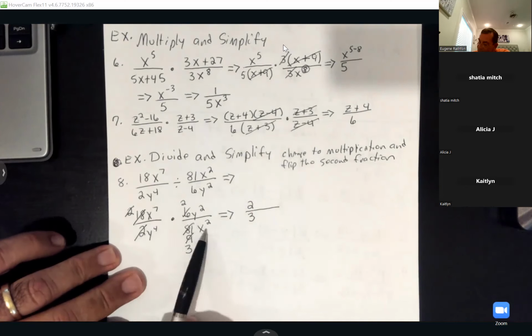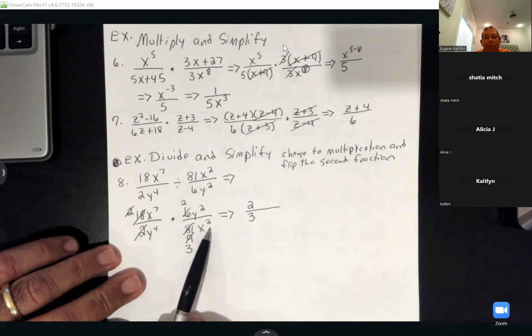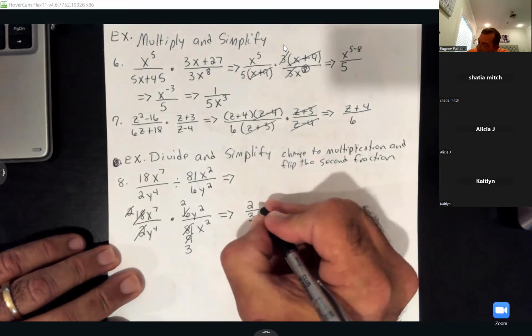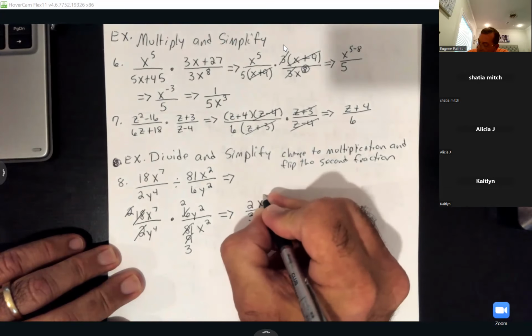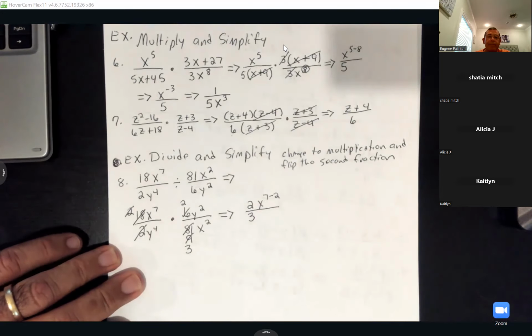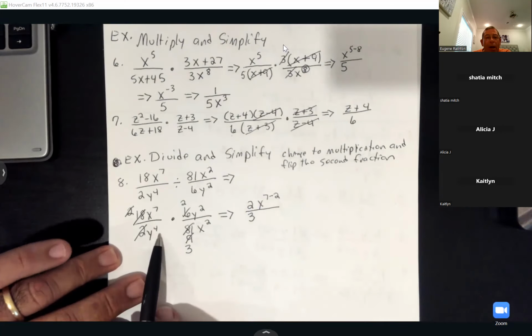So now let's see what we got. I got an x to the 7 on top and an x squared on bottom. So for my x's, I'm going to have x to the 7 minus 2. Now the y's got a bigger exponent on the bottom.